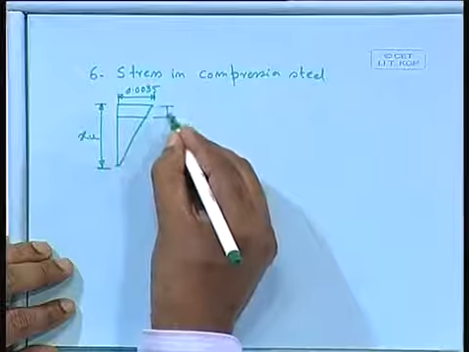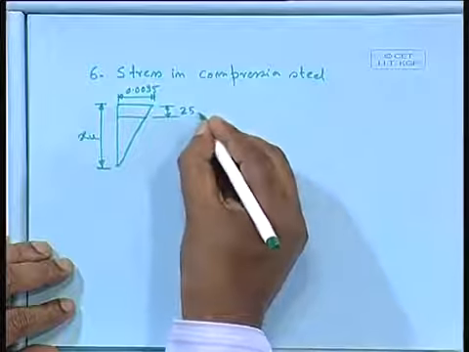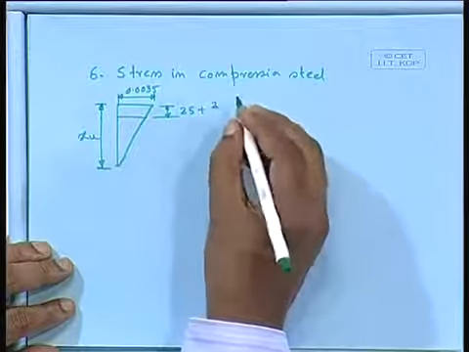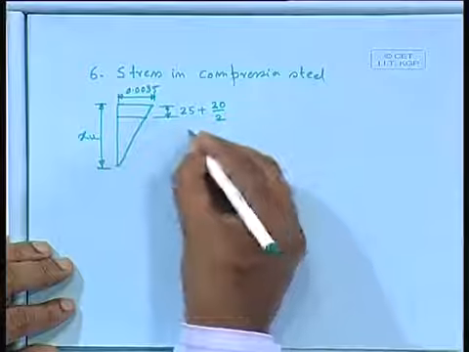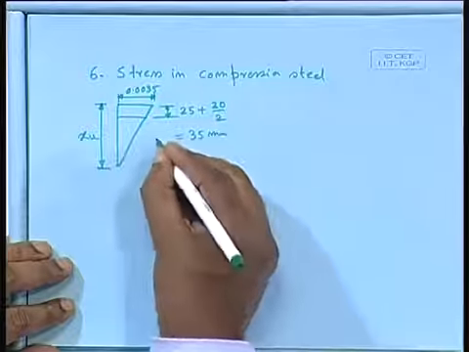We are assuming we shall provide 20 millimeter dia bar. So clear cover 25 plus diameter 20 millimeter equals 35 millimeter. This is your that D dash.